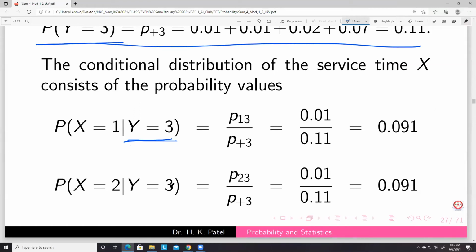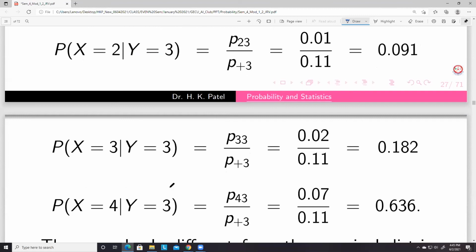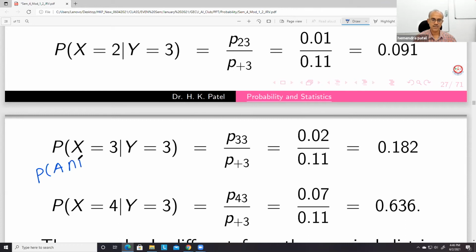Sir, in this also, P33 will be only the cell value, or will it be the complete square addition? It is the cell value only. Yeah, because x is equal to 3 and y is equal to 3 are fixed. In the numerator is the set theoretical term, A intersection B, and the denominator is the conditioning probability P(B).